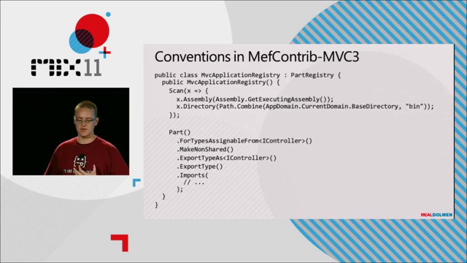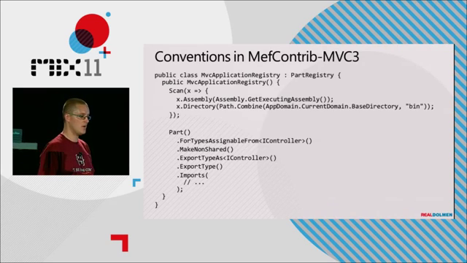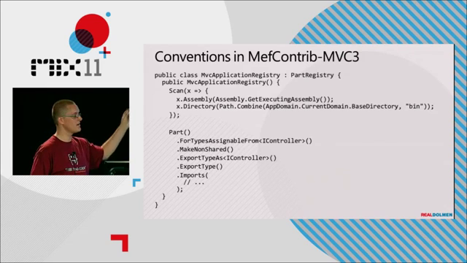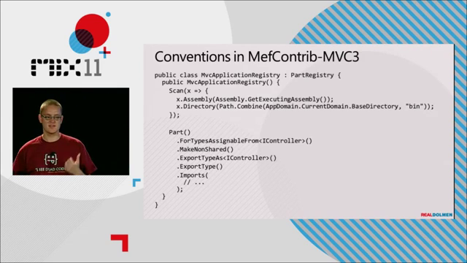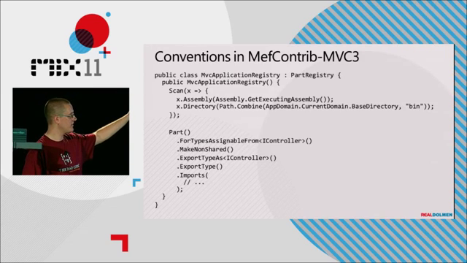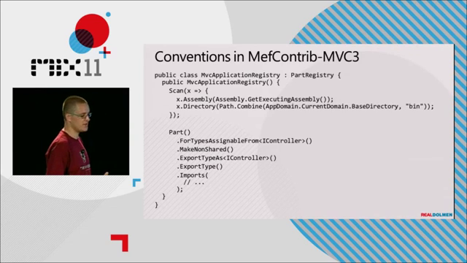But currently, if you want to use something stable, you can use this one. Just use MEF Contrib and create your own conventions. This is a default one, which says, scan my executing assembly, scan my bin folder, and for every part, for every type assignable from my controller, make it a non-shared export, so per request object.